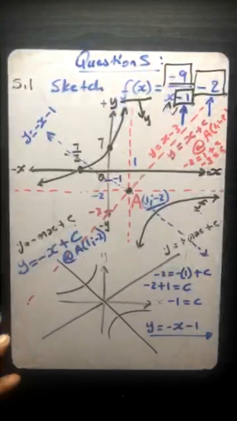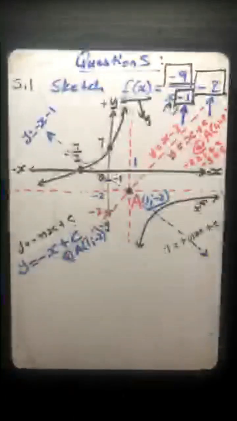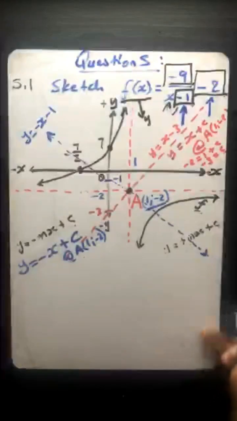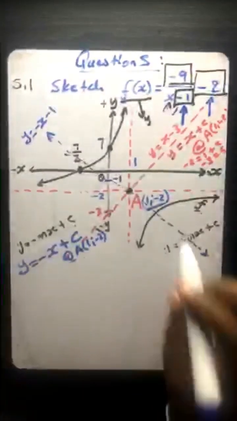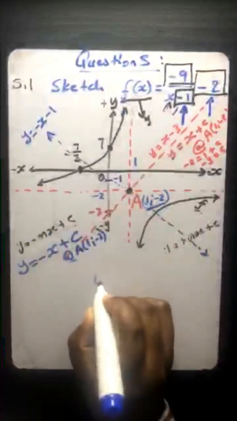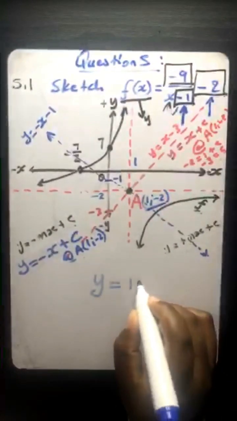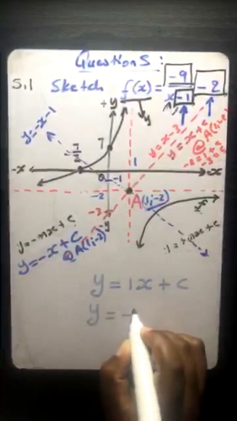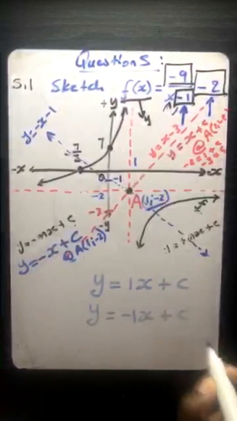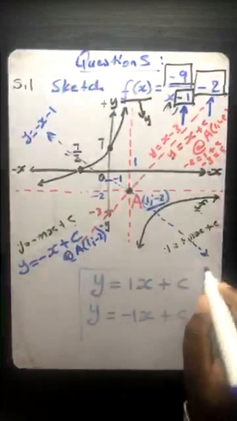Okay, so I will just also quickly confirm this and certify what I'm about to say. So this is what happens under that hyperbola. You will always have your m being either positive 1, then you have your x, then plus c, or you will have y is equal to negative 1 x plus c. So it's already like that.